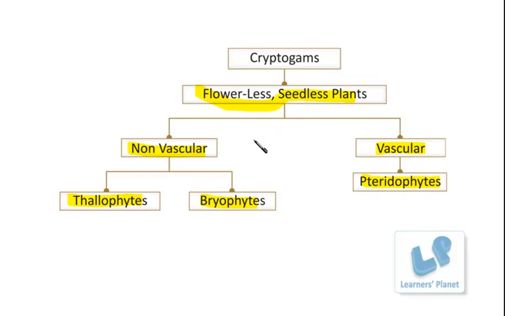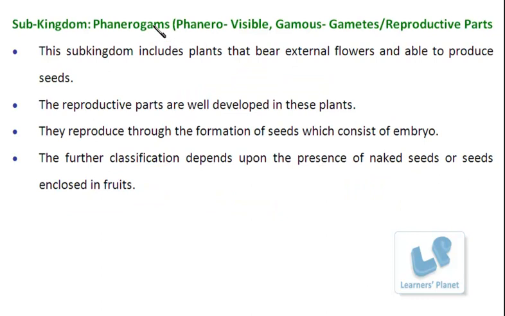Next is the phanerogams. These phanerogams again comprise two terms, phanero and gamus. Phanero means visible, and gamus is related to gametes or the reproductive parts. So these are those well developed plants in which the reproductive parts are well developed and they are able to bear external flowers, and since flowers are present, they are able to produce seeds.